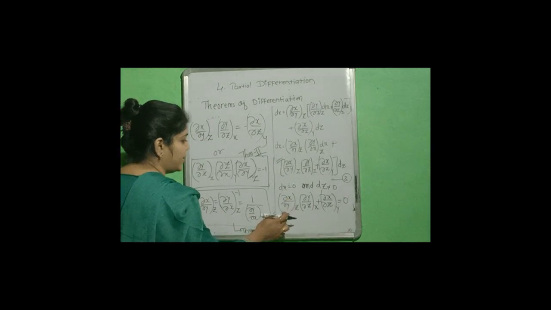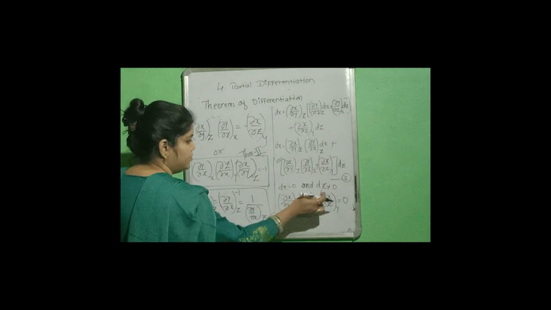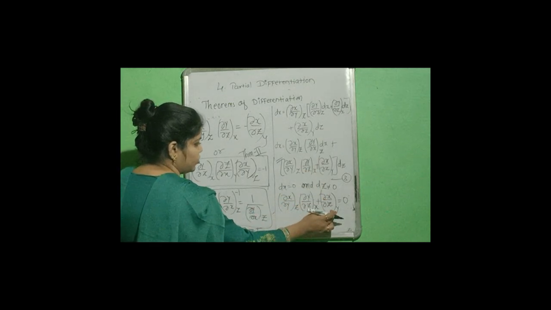So (∂x/∂y) at constant z, (∂y/∂z) at constant x, and the third term (∂x/∂z) at constant y, becomes 0.